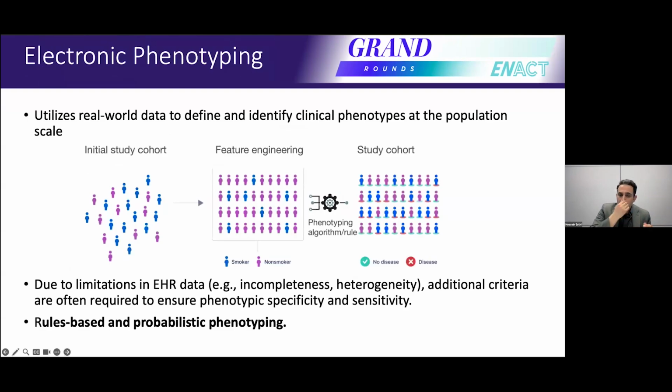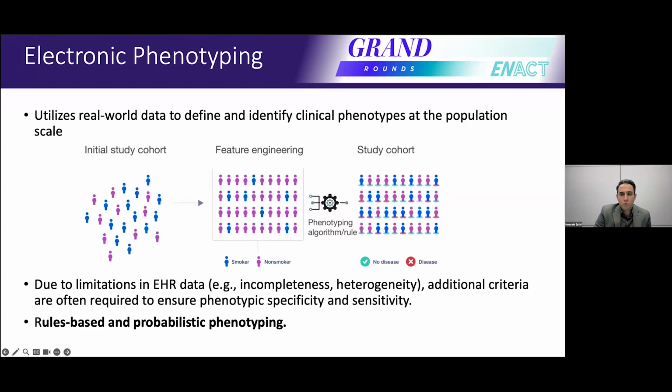Given the prevalence of real-world data, especially EHRs, we now have an incredible opportunity to leverage these data to identify and build clinical cohorts in ways we never could before. Phenotyping in informatics is the process of observing and measuring an organism's physical and biochemical traits, known as phenotypes.